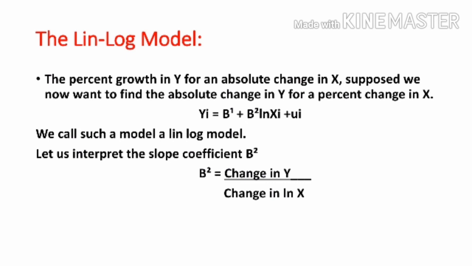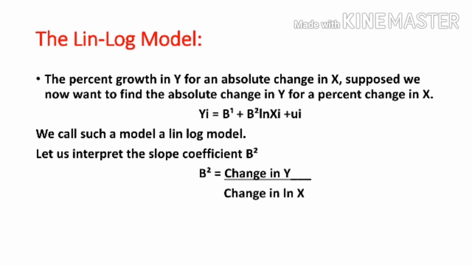The lin-log model: the percentage growth in Yi for the absolute change in X. Suppose we want to find the absolute change in Y for the percent change in X. You see this equation, Yi is equal to beta 1 plus beta 2 log Xi plus ui, which is called the lin-log model.